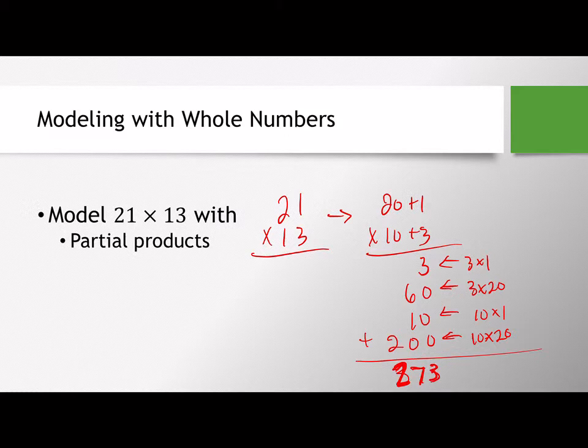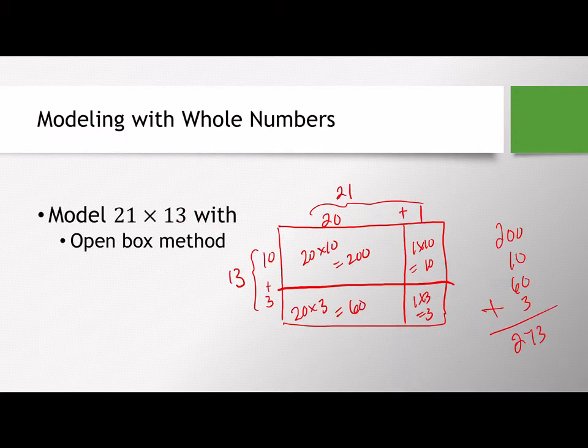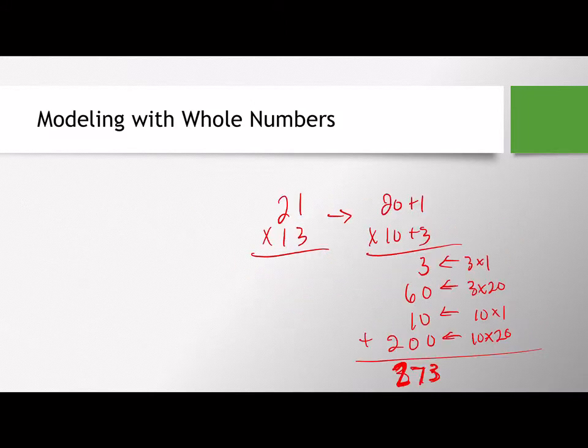So 273 for that answer. Those are the partial products. Notice that the partial products are in the rectangle. Those are the same as the ones in the partial products algorithm.